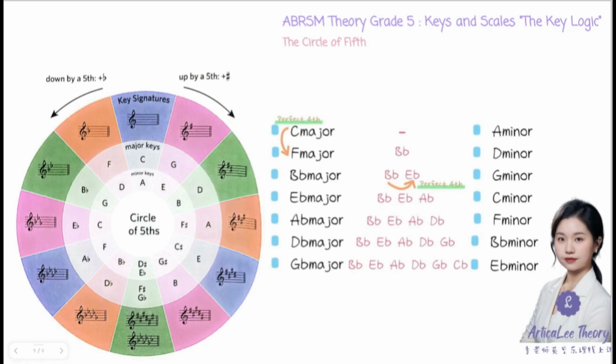Now that we have finished the sharp keys, let's move on to the flats. Traditionally, to find the flat keys, we are taught to count a perfect fifth backwards. For example, starting from C major, we count back: C, B, A, G, F. This gives us our next key, F major. But let's be honest, counting backwards is usually slower and a bit more confusing, isn't it?